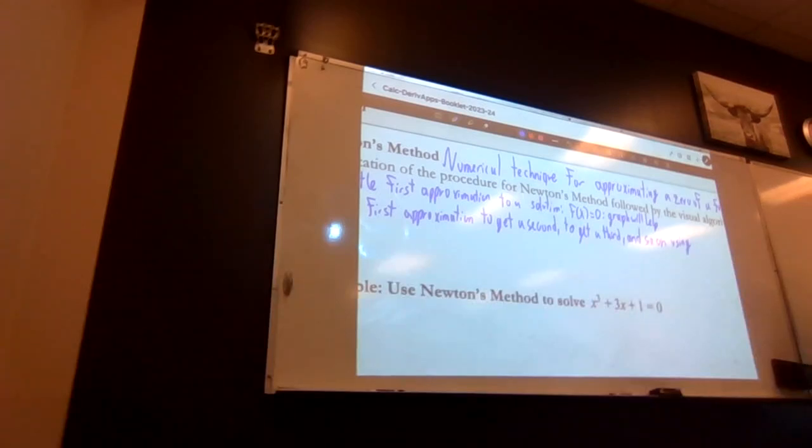Your approximation of the next value you're guessing is going to be equal to the last number minus the function at the value divided by the function's derivative at the value as well.